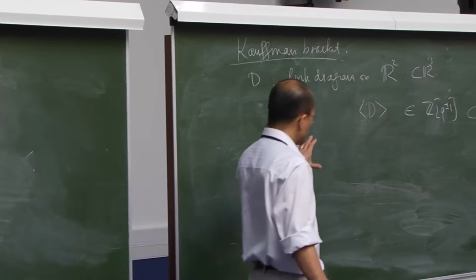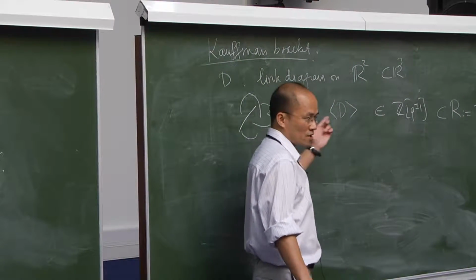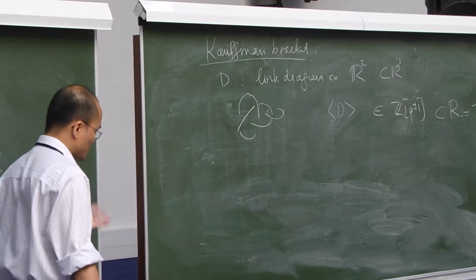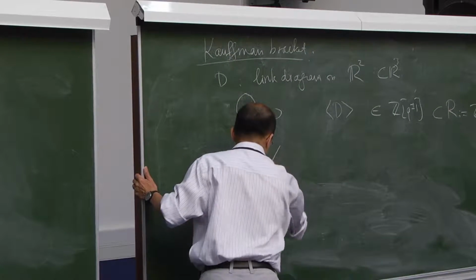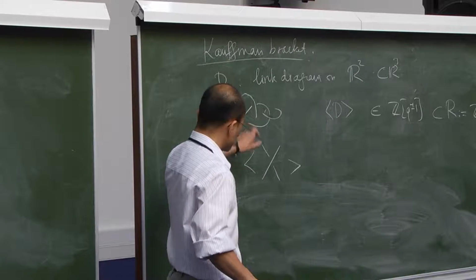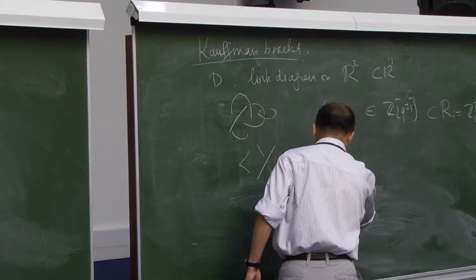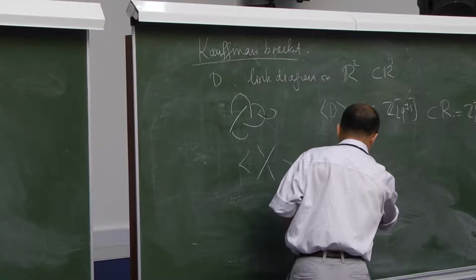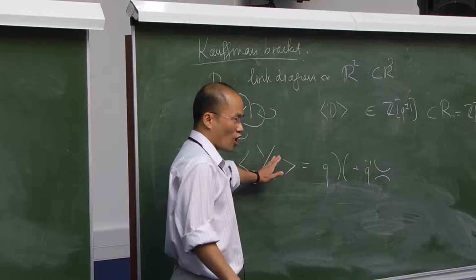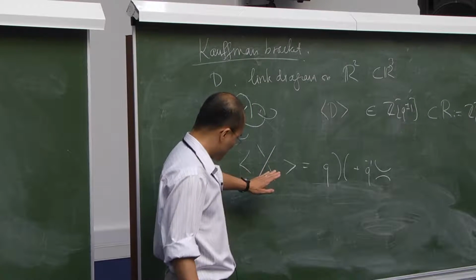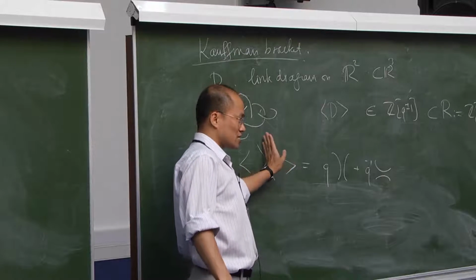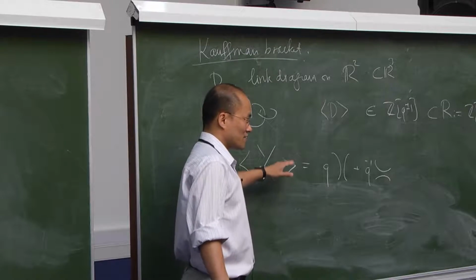So we associate to every link diagram a Laurent polynomial, the bracket of D, using the following rules. Very simple. The first rule is the so-called skein relation. Whenever I see a crossing, I can replace the bracket of this by Q times this one plus Q inverse times this one. I take the overcrossing branch and rotate counterclockwise 90 degrees.